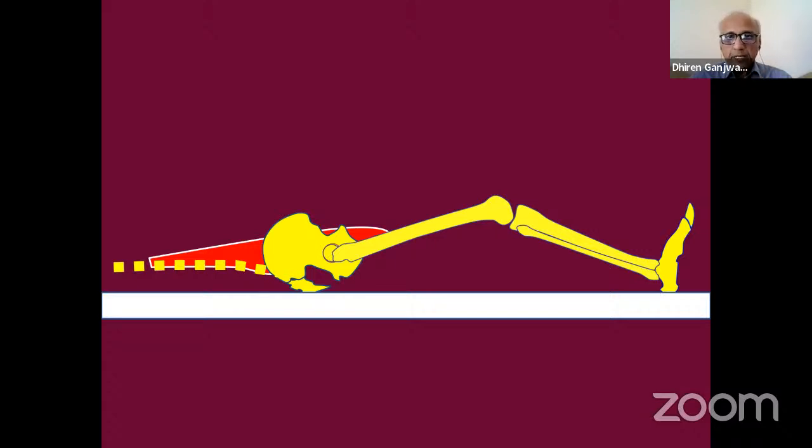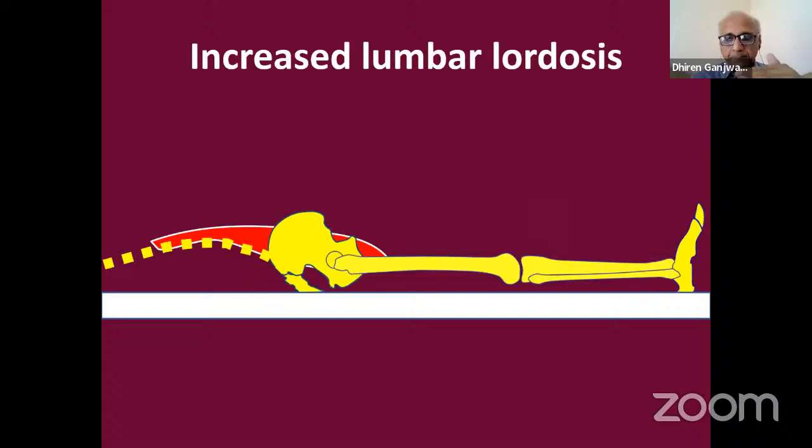If we try to bring it to the table, parallel to the table, that will lead to increased lumbar lordosis. So either the spine touches the examination table and the femur remains up, or if we make the femur parallel to the examination table, then there will be increased lordosis.